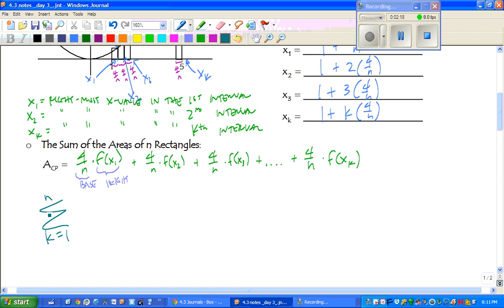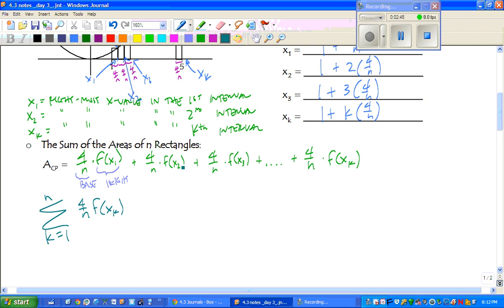We could plug any of those numbers in for n. So each one of these has the same base. So when we're doing our sum, we're going to have that base times f of x sub whatever term we're on. So this is going to be f of x sub k. All right, that represents any number.